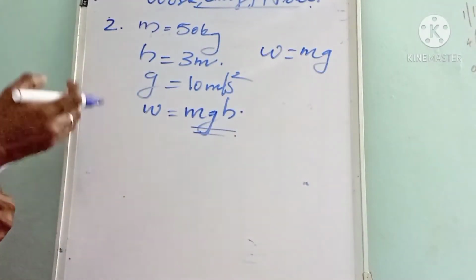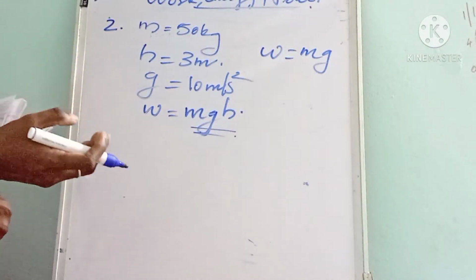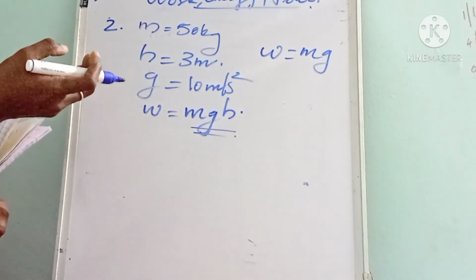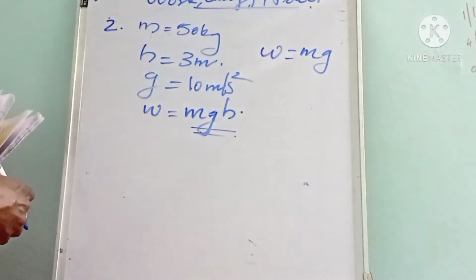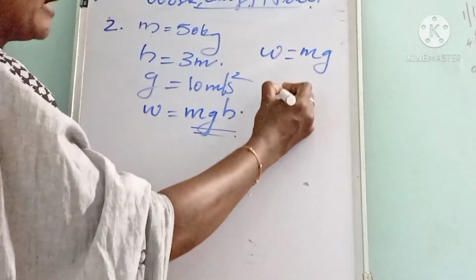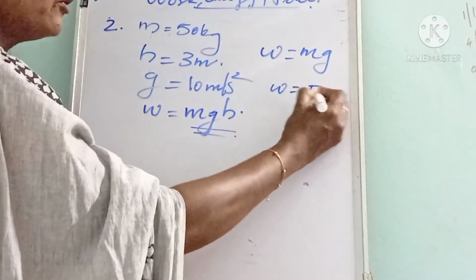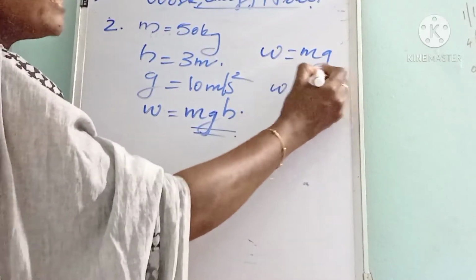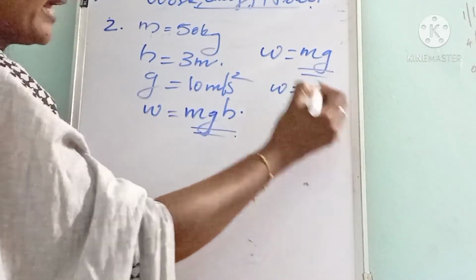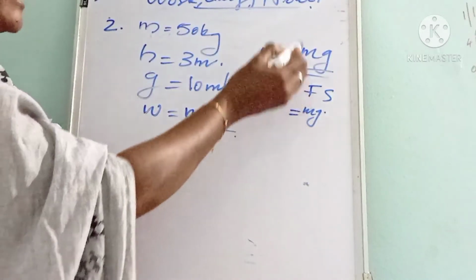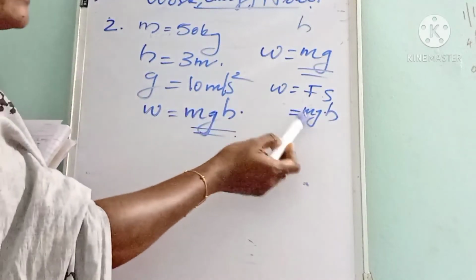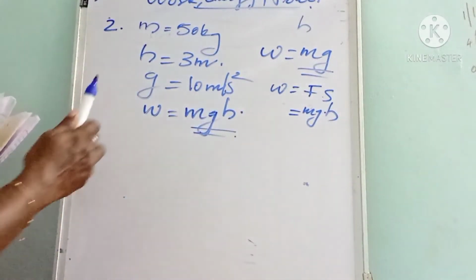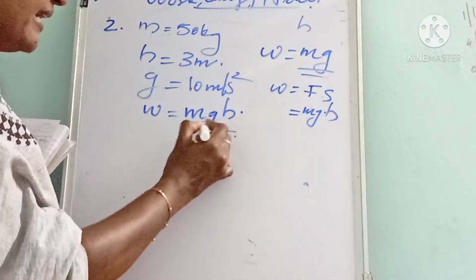In order to lift any object upward, you have to apply a force which is equal to the weight of the object. Work done equals force into displacement. Force is mg, and here we are displacing the object to a height, so instead of S we can write h. So the work done is mgh.